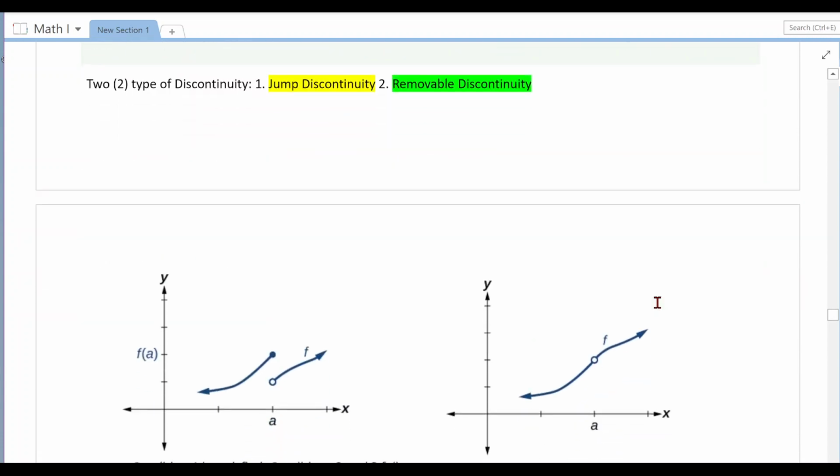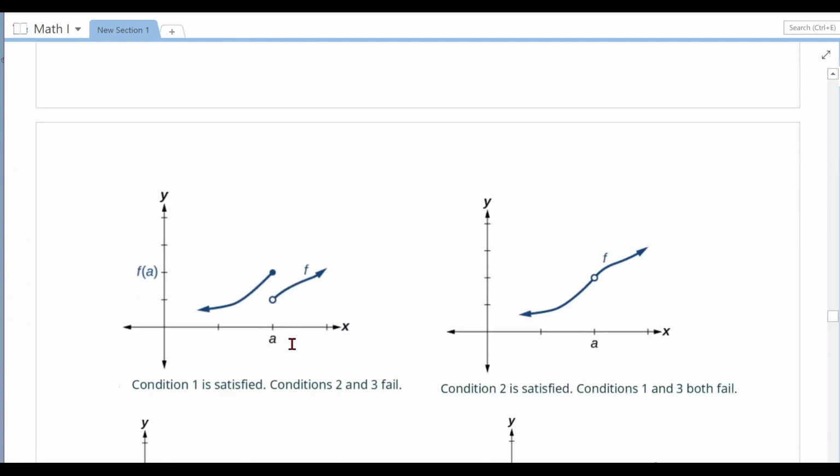In this case, at the value of a, the function value exists, which is that point there. However, the limit of the function at x equals a does not exist, and therefore condition 3 is not fulfilled.